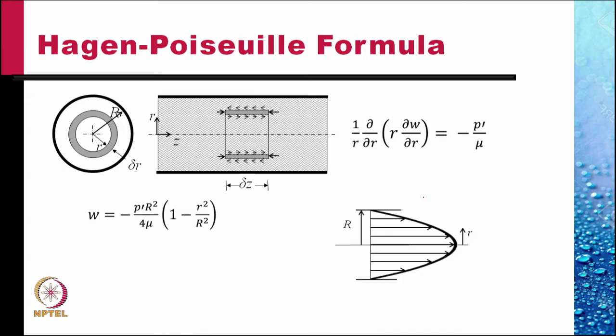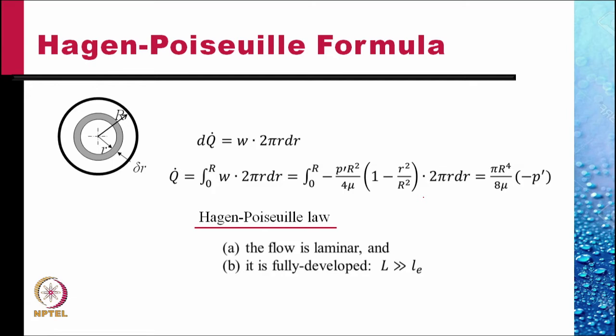On integrating this velocity profile, we found the flow, and then from the flow, we found the average velocity, which was minus P prime R square by 8 mu. The volume flow rate was determined as pi R raised to the power 4 divided by 8 mu into minus P prime.